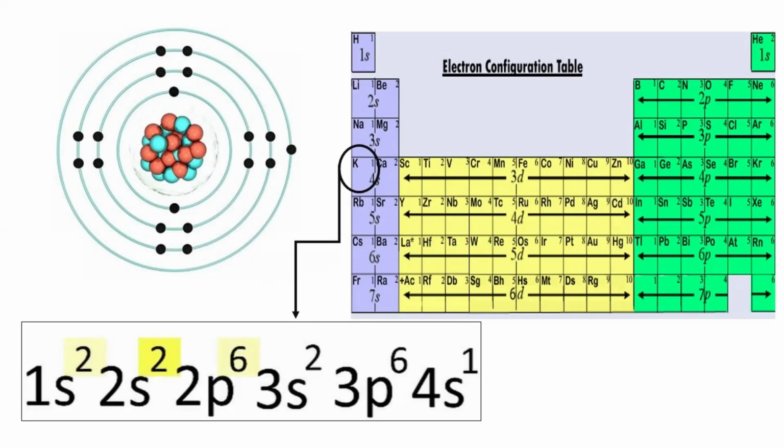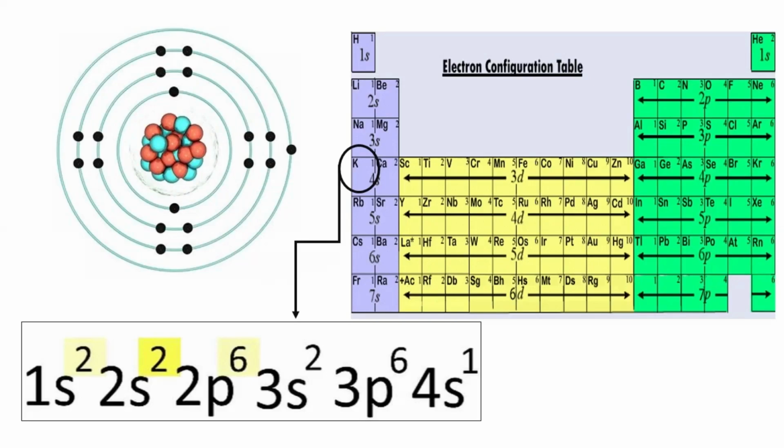You might wonder, why does the structure show only 8 electrons in the third orbit when it can hold up to 18 electrons? The answer lies in the energy levels.